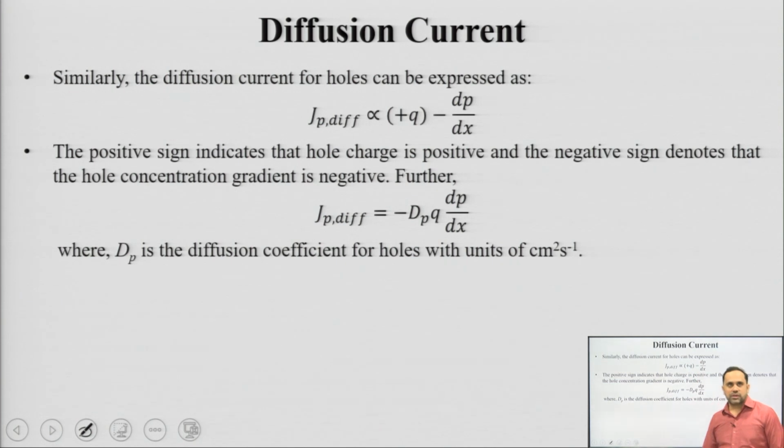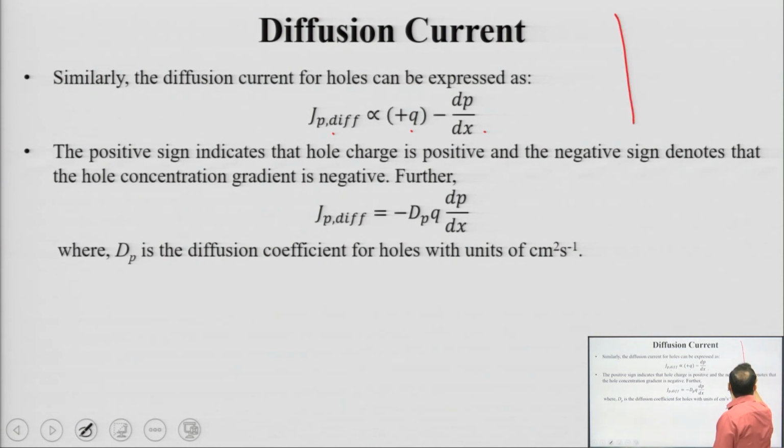Now, for holes the same analogy applies, except for a small difference. Hole diffusion current is also proportional to charge as well as concentration gradient, but the charge of holes is positive. Holes have a positive charge, the same magnitude as the electron but opposite polarity, okay, and the concentration gradient is negative. Okay.